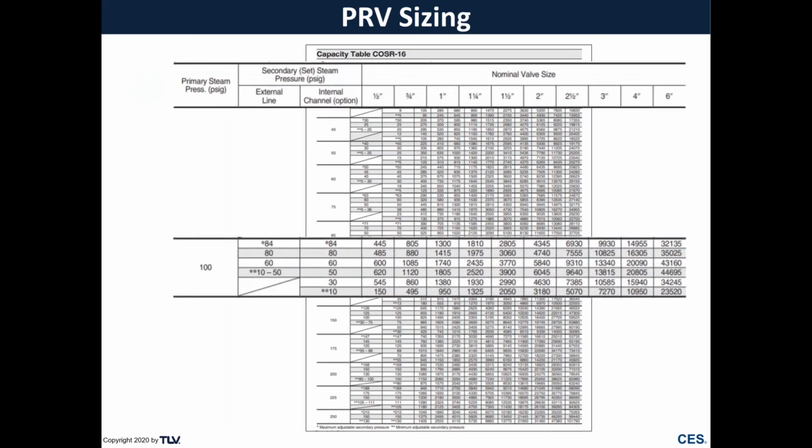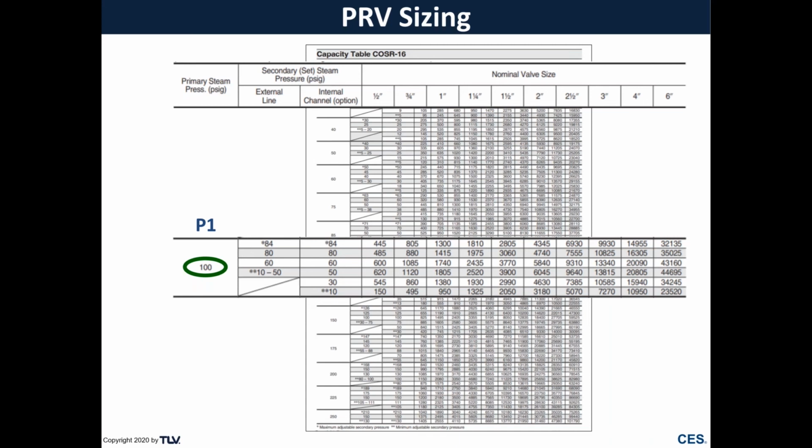In the heading at top, we have the primary steam pressure, the secondary pressure or pressure range for both external and internal sensing, and then the nominal valve sizes in increasing order from left to right. The capacity values for the given primary or P1 pressure of 100 psi are below, with the respective capacities of each valve size based on various secondary or P2 pressures.